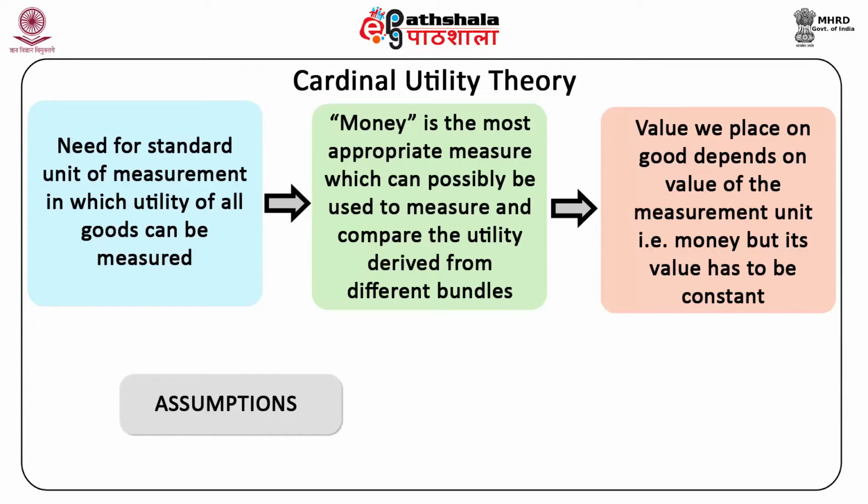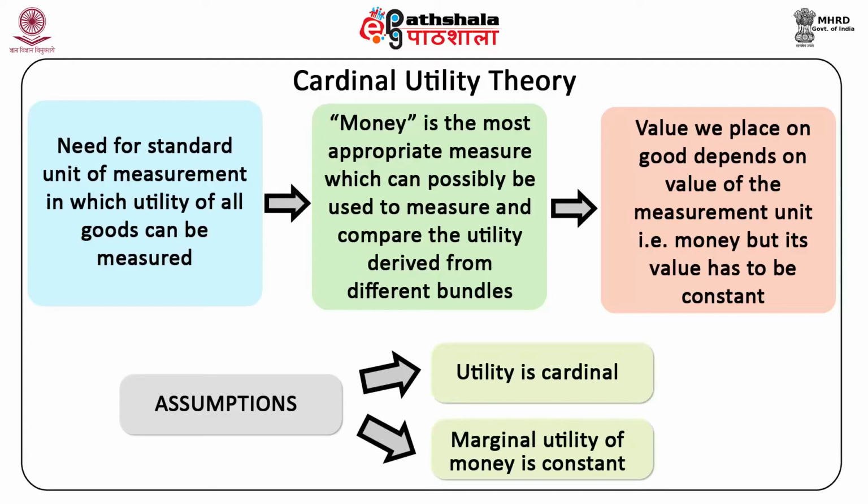A, the utility is cardinal, which means it can be measured quantitatively. B, the marginal utility of money is constant. Now, this method is not very appealing, as economists are of the view that to tell whether one consumption bundle or another will be chosen, we only have to know which is preferred, that is, which has the larger utility.